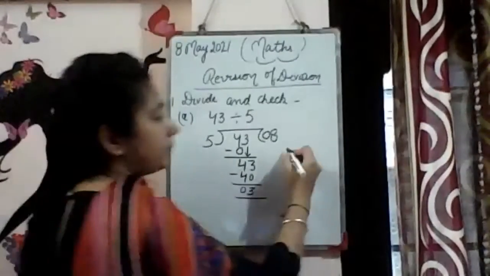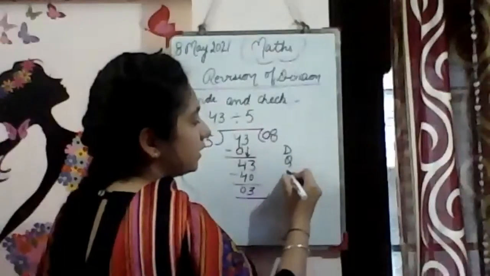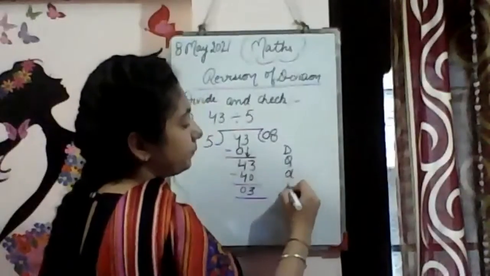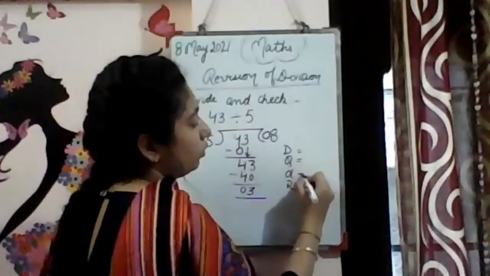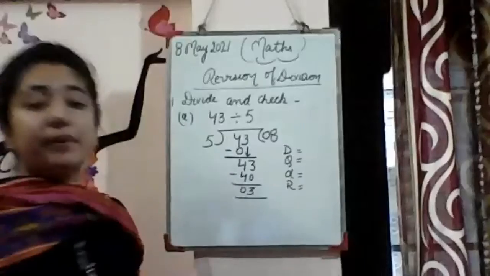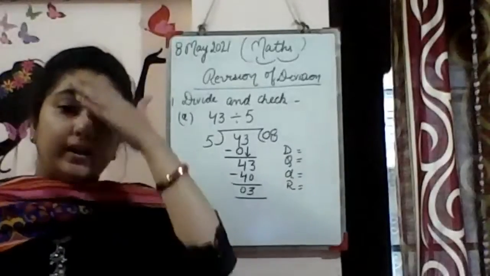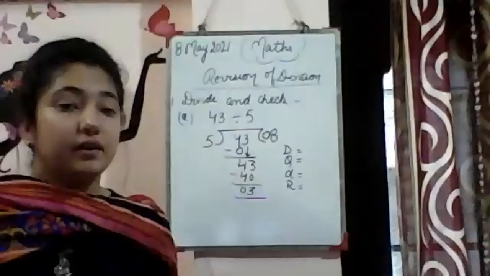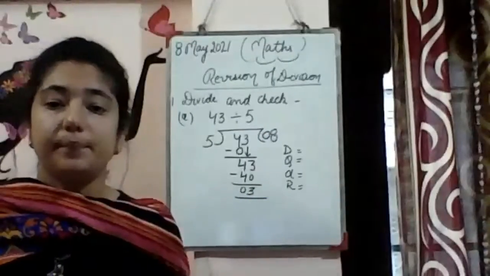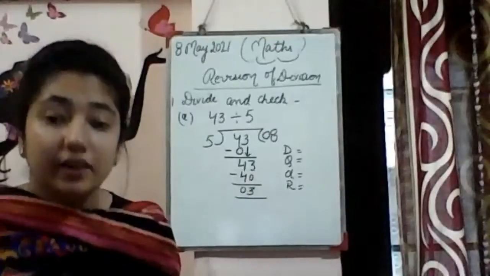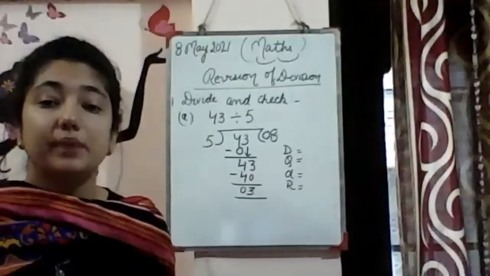right? And side by side what we will write? Small d, capital D, Q and R. So what is capital D here, bache? Quickly write in the chat box. What is capital D here in this division sum? Capital D is dividend, the number which is being divided.